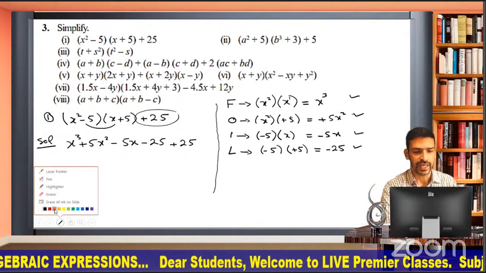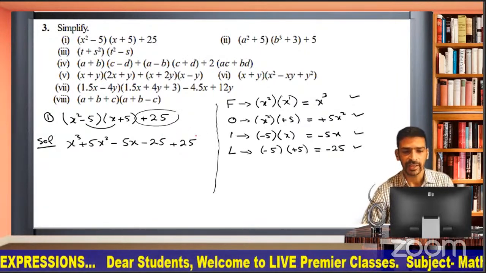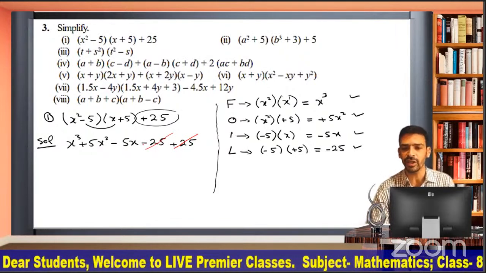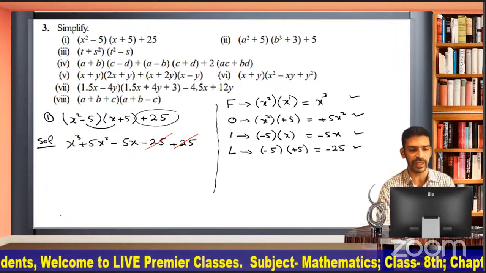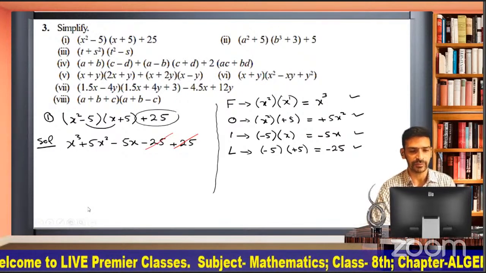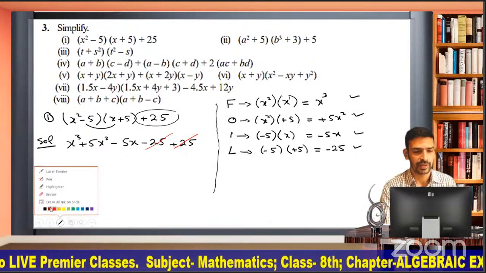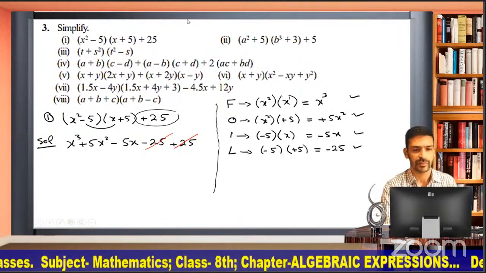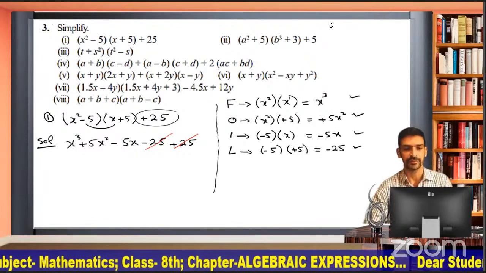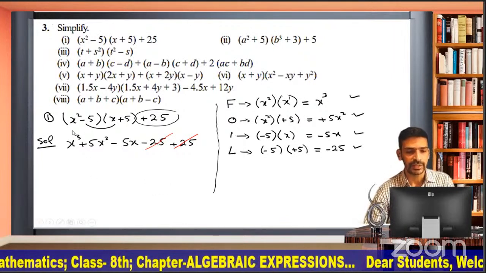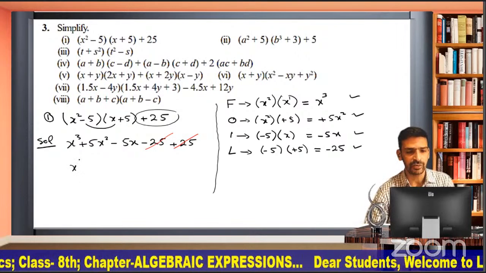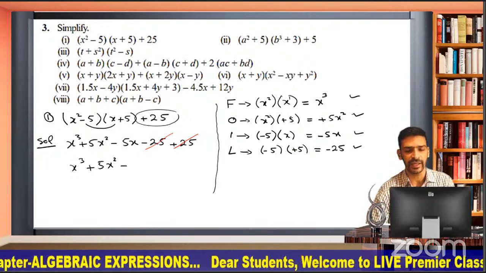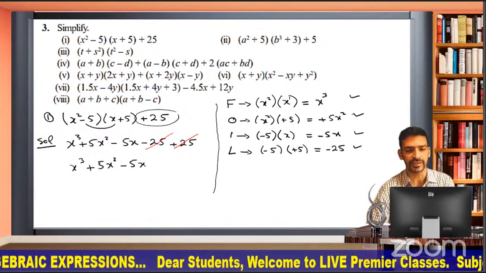Here we can make cancellation. We can cancel +25 and -25, and we can check for like terms. Let us see if we have like terms here. This is x cube, we have then x square, this is 5x square, and ultimately we have -5x.